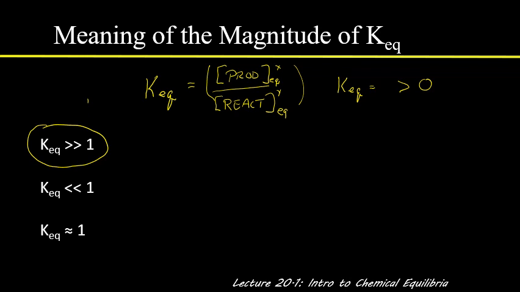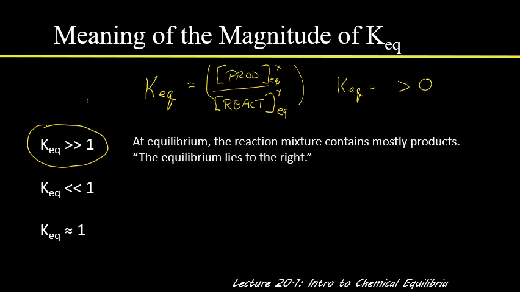So that means when the solution gets to equilibrium, the mixture is going to contain mostly products. The concentration of the products will be much, much larger than the concentration of the reactants. And when that's the case, we say that the equilibrium lies to the right, or sometimes we also say the equilibrium favors products.